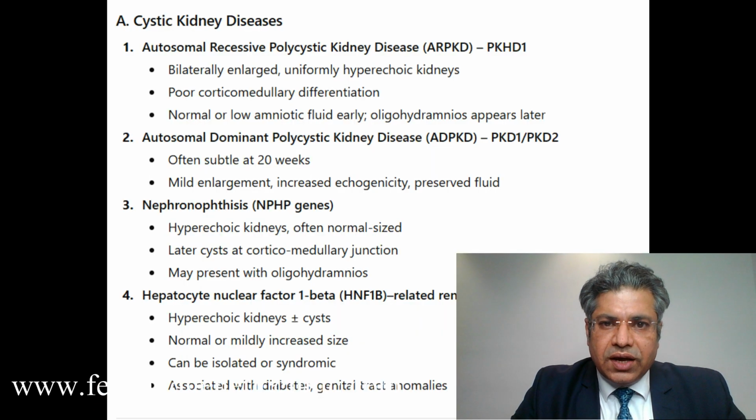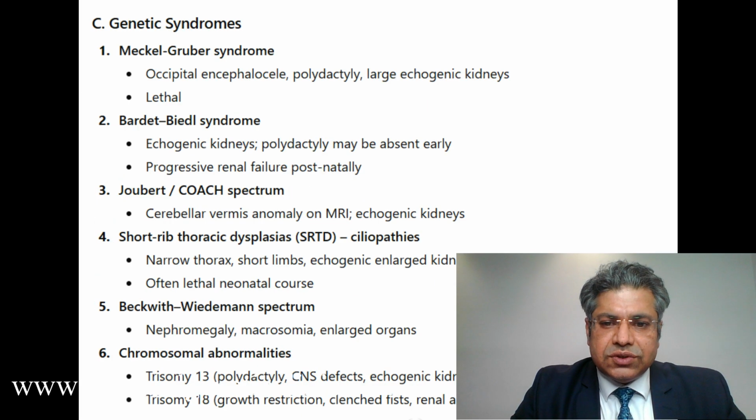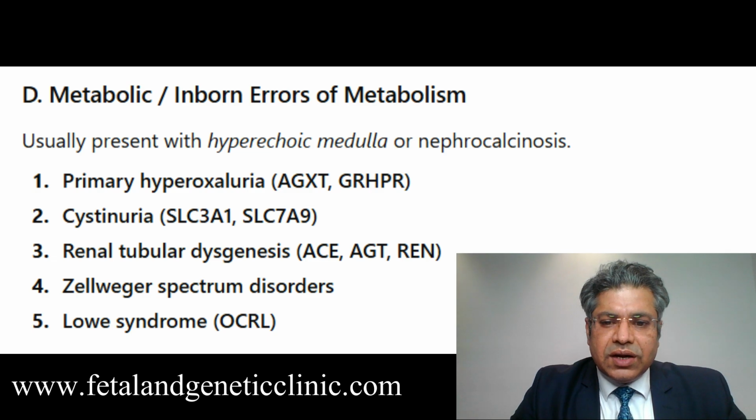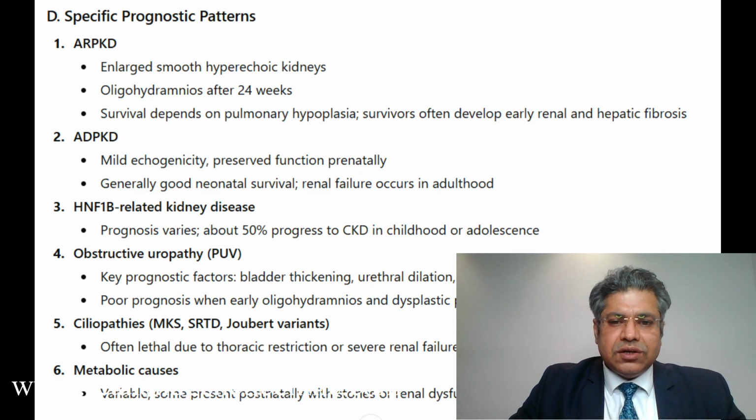Since we don't have polydactyly, this could be ARPKD, ADPKD, and nephronophthisis. We can have obstructive uropathy, and genetic syndromes like Bardet-Biedl, Meckel-Gruber, short rib polydactyly, and Beckwith-Wiedemann. But I'm more worried about metabolic syndromes like hyperoxaluria and cystinuria, right? So whenever we see these echogenic kidneys, by the face of it, we try to make a differential diagnosis.